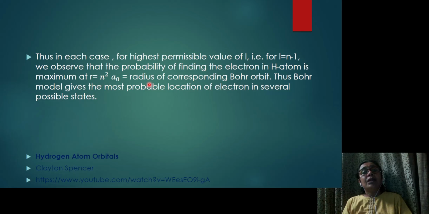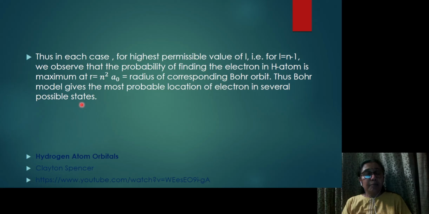So the radius of the Bohr orbit as given by the Bohr atom model is the same as the most probable location of the electron as given by quantum mechanics. So the Bohr model gives the most probable location of the electron among several possible states.